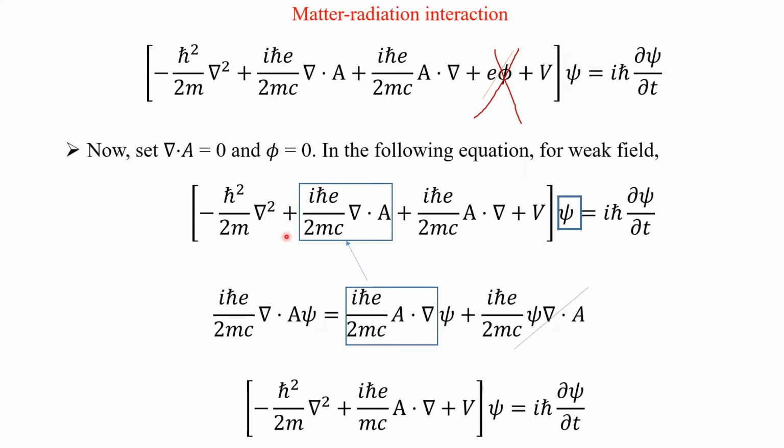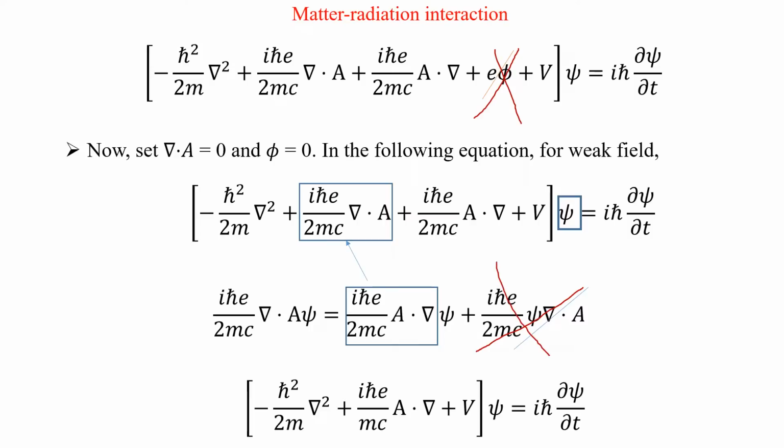If you differentiate A first and keep ψ as it is, you will get A·∇ψ, plus, differentiating ψ and keeping A as it is, ψ ∇·A. According to the Coulomb gauge, this divergence of A becomes zero.